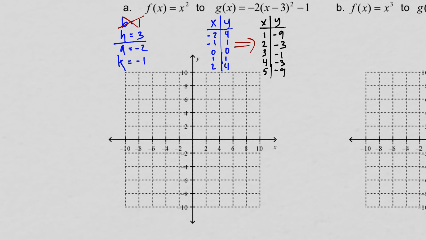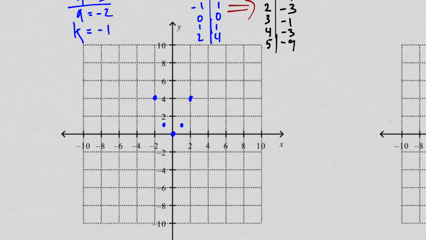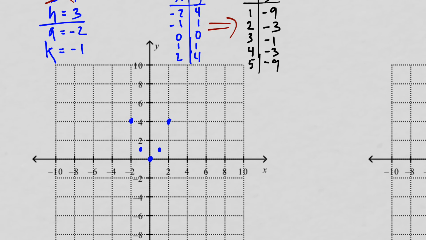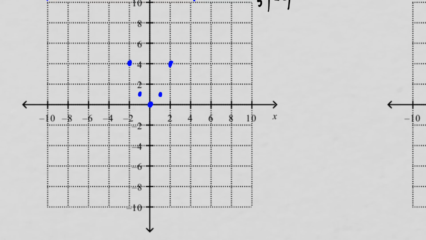So I'm going to graph the original, the parent function in blue, like its table. So negative 2, 4 is up here. Negative 1, 1 is right here. 0, 0, 1, 1, and 2, 4. Next, I'm going to graph the transformed. 1, negative 9.